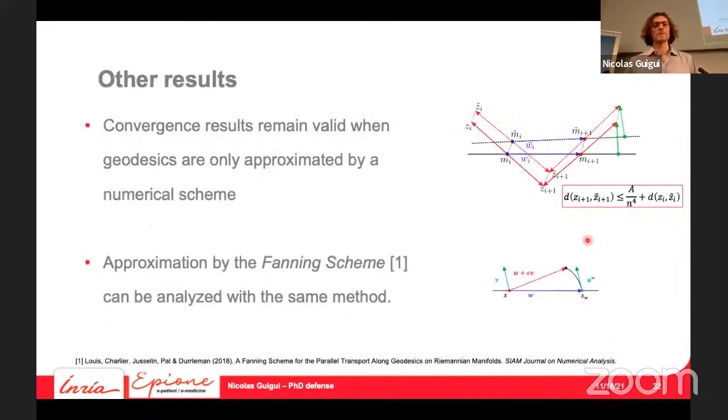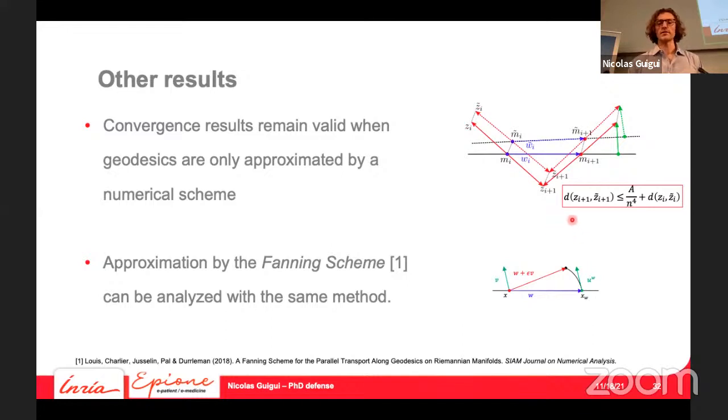On this topic, I also showed other results, namely that these convergence results remain valid when geodesics are only approximated by a numerical scheme. So in this case, if we cannot compute the geodesics exactly, we replace each exponential map by an approximation scheme such as a Runge-Kutta step of a sufficiently high order, and the log, we approximate by inverting the step.